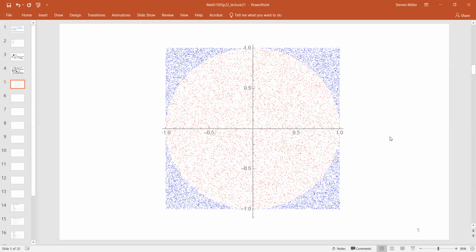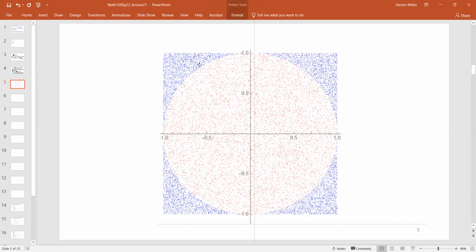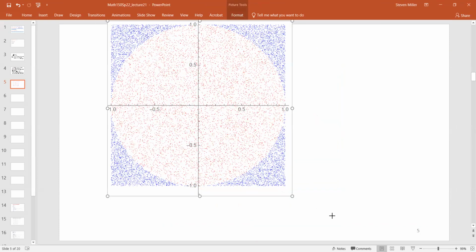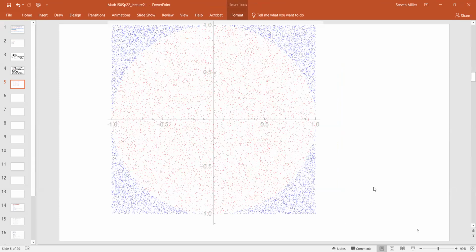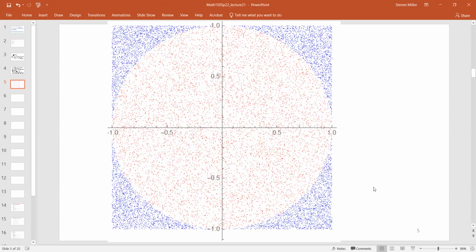So if we look at this, do you see any regions where it looks like we're missing something? Are there deserts of points among the red and the blue? Make it a little bit larger. If I look at it over here, that's a pretty big area where there's not that many points.